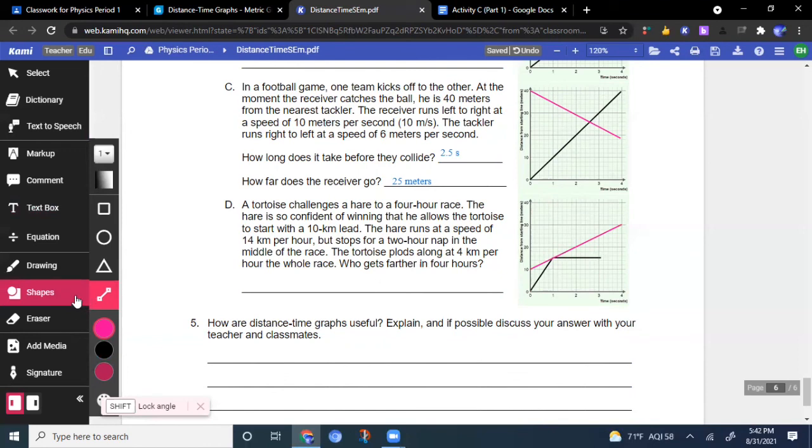Now the hare is going to run at the same speed on the other side, so it's going to be 14 kilometers per hour. So I have to go from 14 up to about 28, roughly.